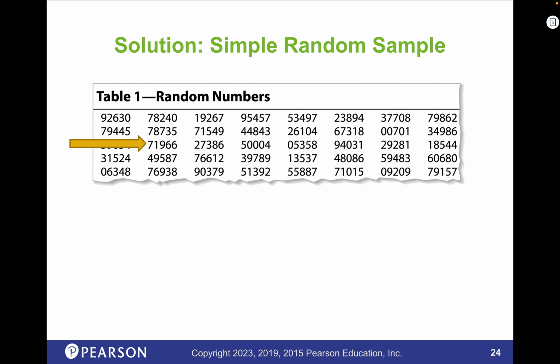We can't use that. That's not in our group. So then we go 650. We just go through, and these numbers are all random, but we take them in blocks of 3. 004 would be the 4th. And so then we keep doing this until we have our 8 participants. We go contact them, and hopefully they all agree to be part of our study. If they don't, then we have some alternatives maybe lined up. Okay, so that's how we could use a random number table to actually go ahead and do it.